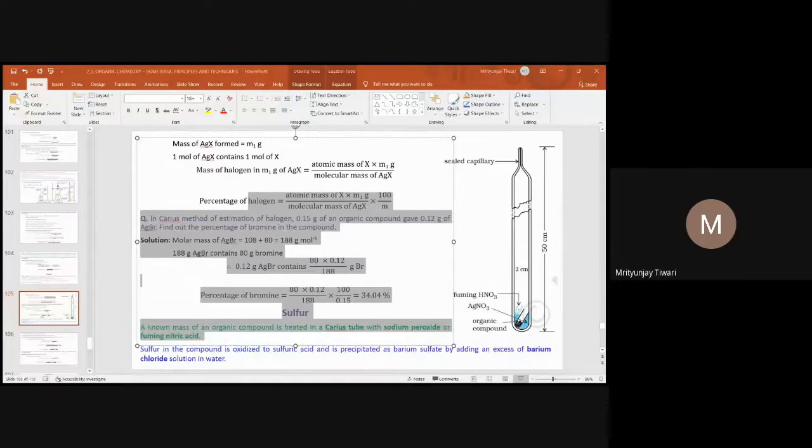So a known mass of organic compound is heated with fuming nitric acid, after which phosphorus present in the compound is oxidized to phosphoric acid.